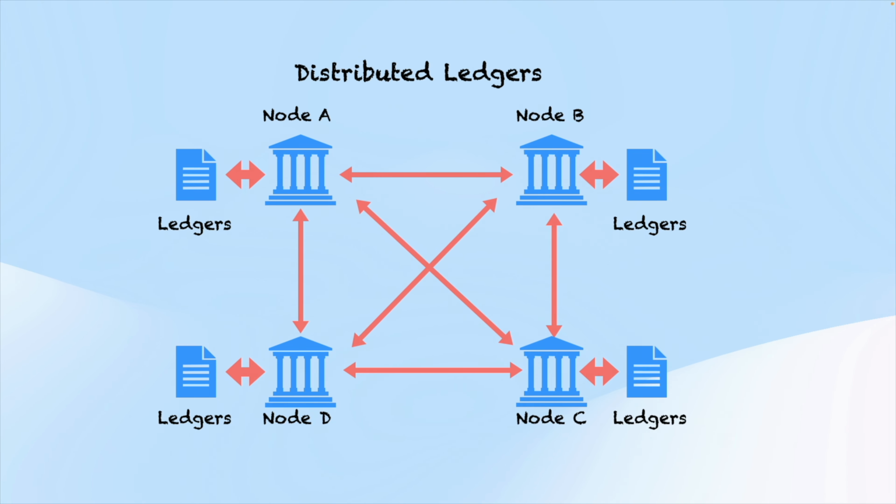The beauty of the blockchain is that once data is written to the ledger, it's immutable, meaning it cannot be changed. This makes blockchain databases very secure and transparent.